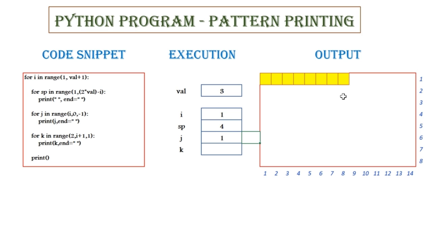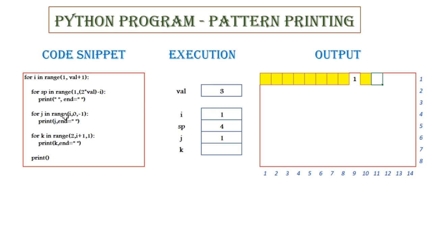Print j. So the value of 1 will get printed, followed by a blank space. Next, the value of j decrements by 1 because we have given minus 1 here. So it becomes 0, 0.